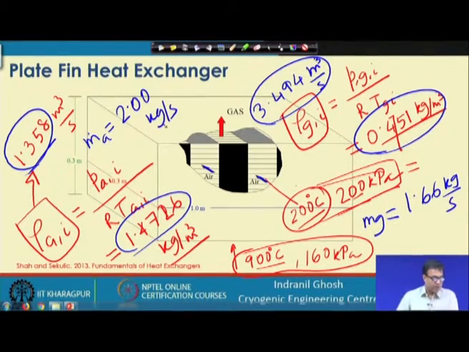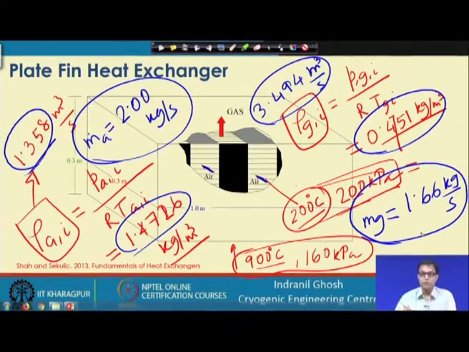So, the mass flow rate of air is more as compared to the mass flow rate of the gas. Based on this, we will be able to go to the next step of calculating the minimum capacity fluid, and based on that we will make the other estimations. Thank you for your attention.